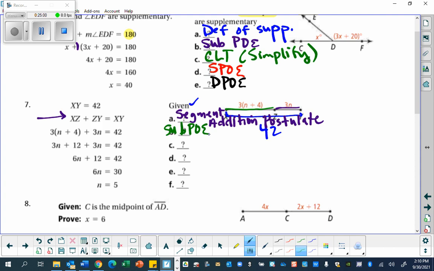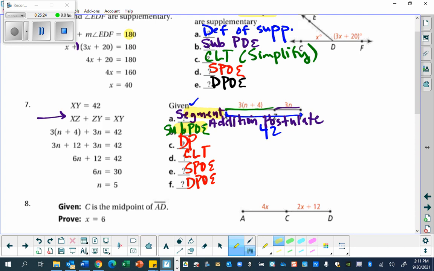What's the property called? Here's my distributive property. And then, of course, I'm combining like terms, and then I'm subtracting, and then I'm dividing. So the parts that you need to start paying attention to are up here where we're talking about the geometry, because the algebra, you're fine with.